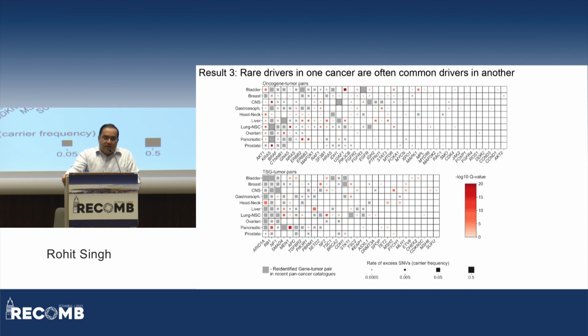And the point is that the landscape of common and rare driver genes likely overlaps considerably. So essentially, an oncogene in a particular tumor might be common versus rare, but it might still be a driver in both cases. And it's just that we haven't had the statistical power to find the rare ones yet. But this method starts to get to that a bit. And as we get more data, hopefully these matrices will continue to grow and be filled in.